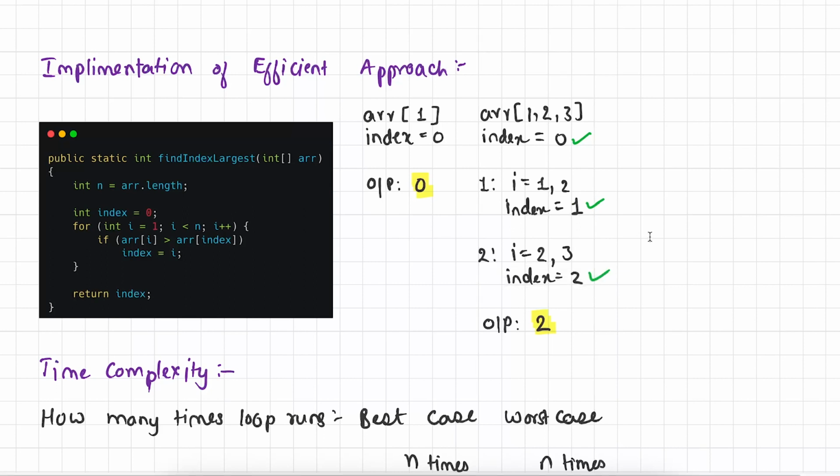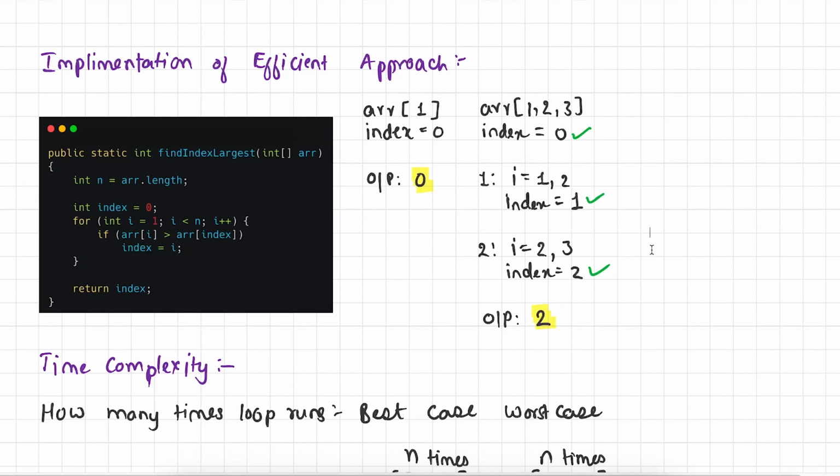It means till now the largest element that exists in this array is present at index 2. And in the next iteration our i becomes 3, and 3 is not less than 3. So the loop breaks and we come out of the loop. And in the last it is going to return the number 2. And that is the index of the largest element present in the array.